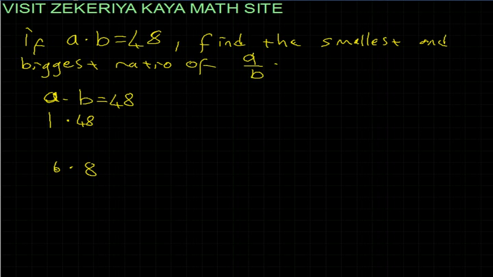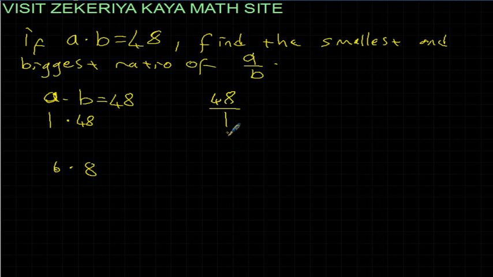To make this ratio biggest, we must choose numbers which are away from each other, which have the biggest difference. If the difference is bigger, the ratio will be bigger. For example, 1 times 48. So the biggest ratio is 48 over 1, which is 48.